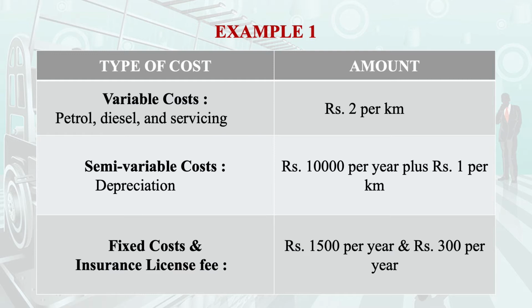For example, variable cost like the consumption of petrol or diesel or servicing comes to 2 rupees per kilometer. Then semi-variable cost may be 10,000 per year plus rupees 1 per kilometer. Then fixed cost, and the insurance cost is rupees 1500 per year and rupees 300 per year.